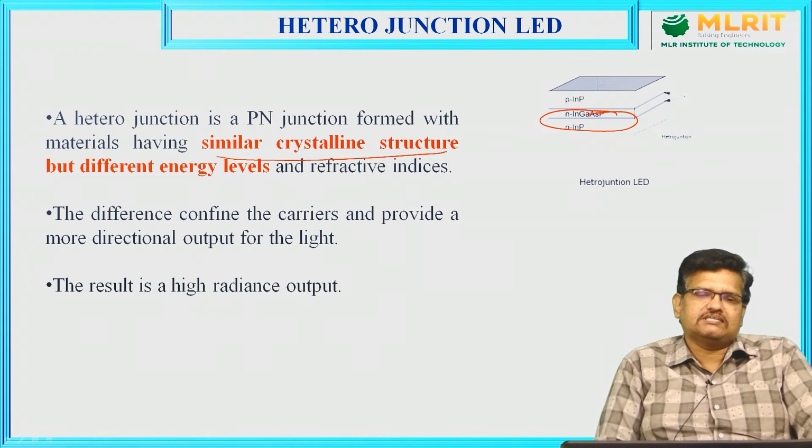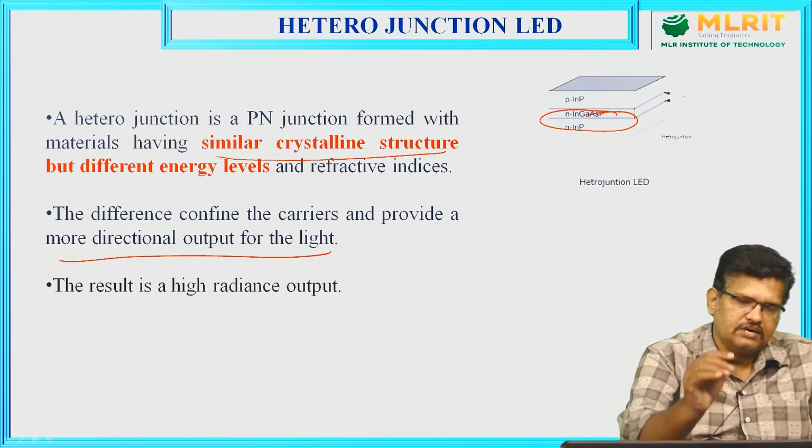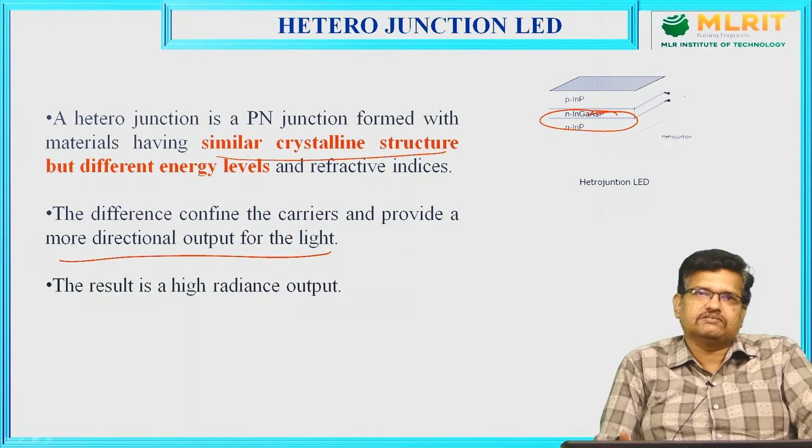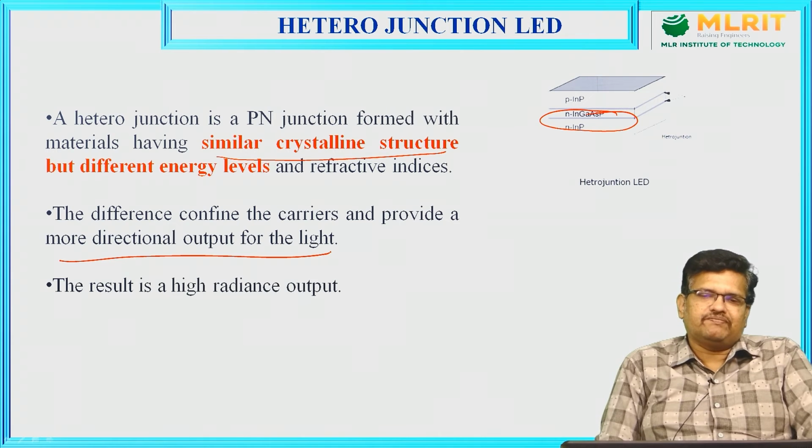The difference in the confinement carrier produces more directional output for the light. As a result, it gives a high radiance output. So we can prefer only the heterojunction LED for higher radiance output.